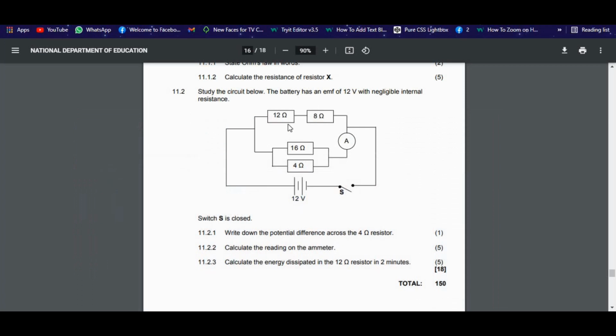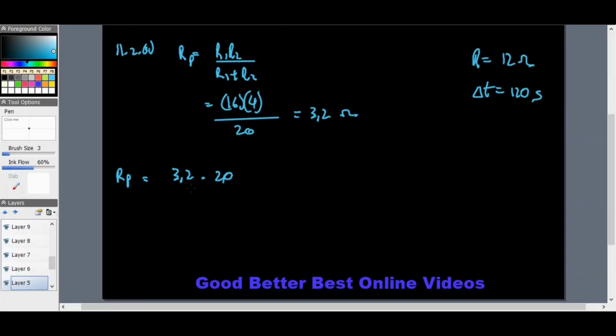Where's 20 coming in? Because they are in series with each other, they are counted as 1. So that 12 plus 8 equals 20, over 3.2 plus 20. This is 1 and this is 2.